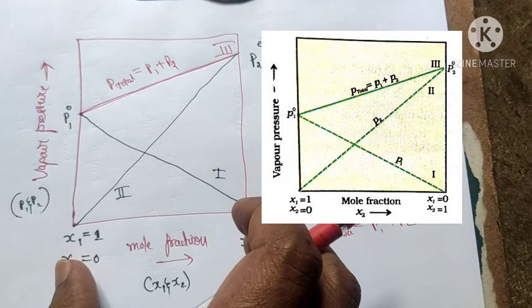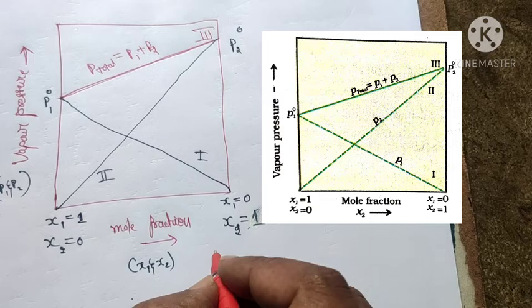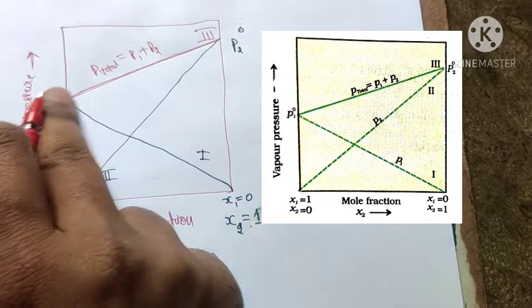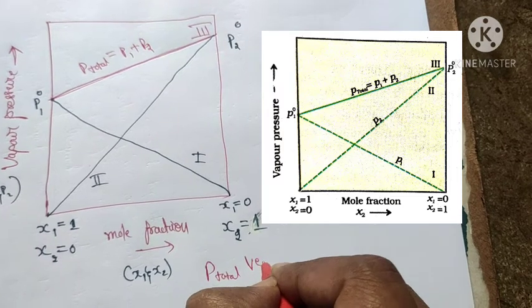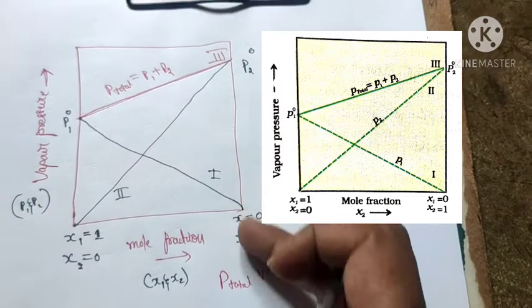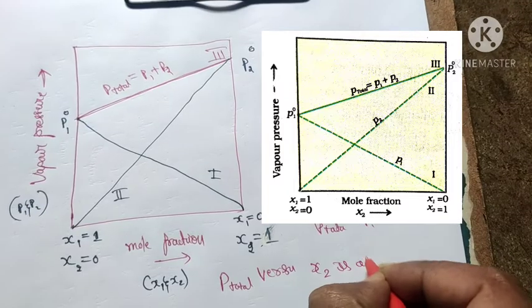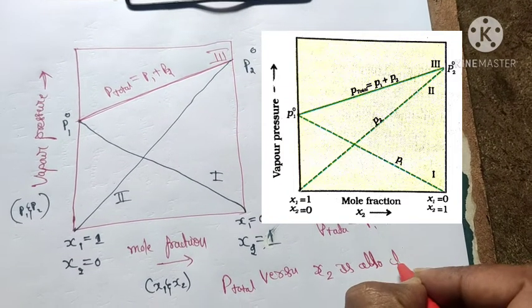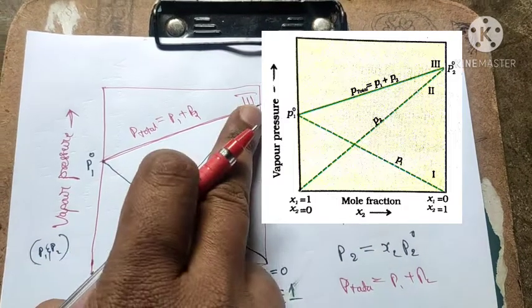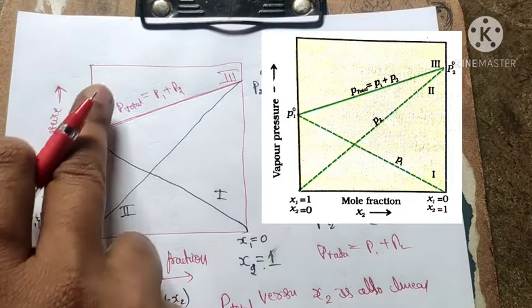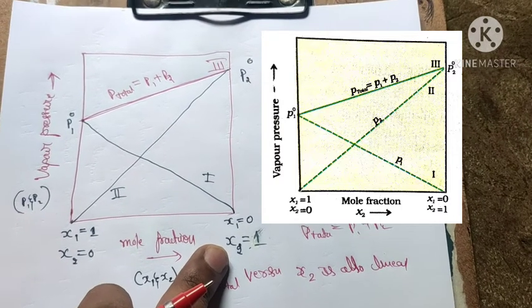So here, this is the P total versus x2, which is also giving a linear plot. The third line indicates P total is a function of x2.